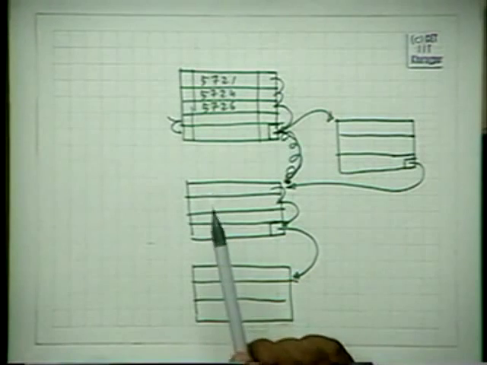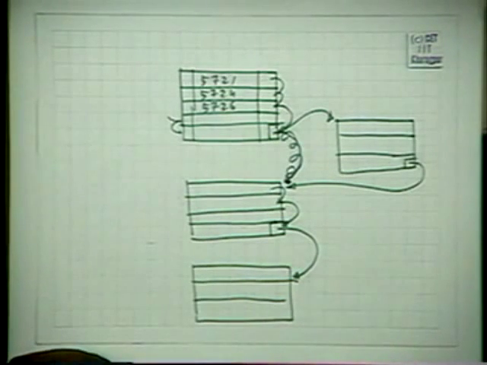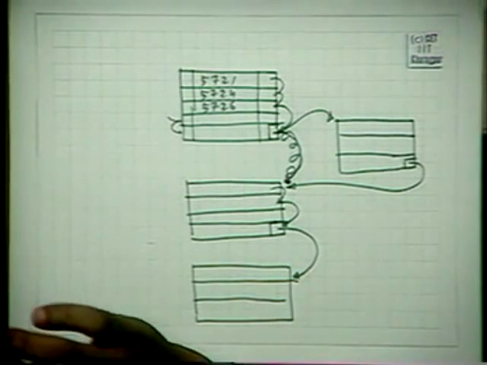So, this is the organization of a sequential file, and in many of the organizations which we will discuss, this sequential file component will always be maintained. That is, over and above this sequential file, we will have several other structures which are accessing it. But why is the sequential file important?